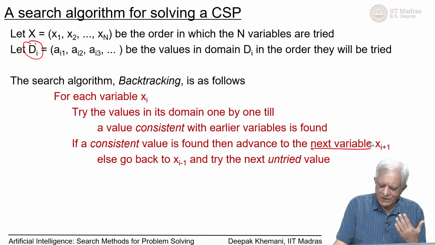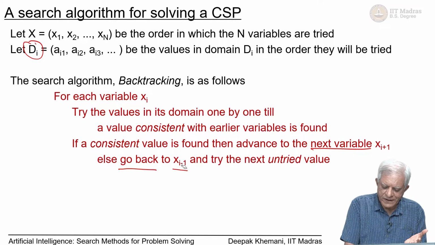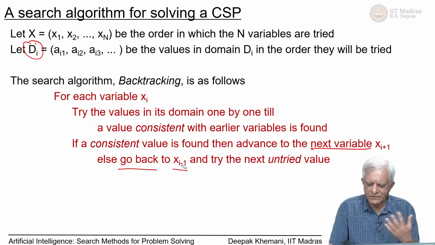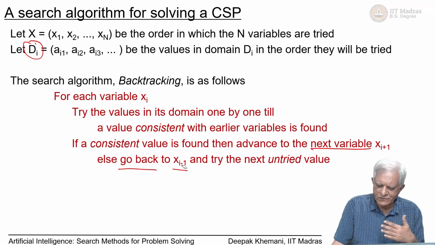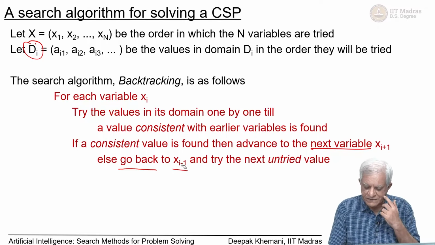If a consistent value cannot be found for this variable xi, then we go back to xi minus 1. So, we do this starting with i is equal to 1 to last essentially. If you can find a value for that variable xi which is consistent with the previous values, then we go ahead to the next. Otherwise, we go back and try a different value for the previous variable which is xi minus 1.